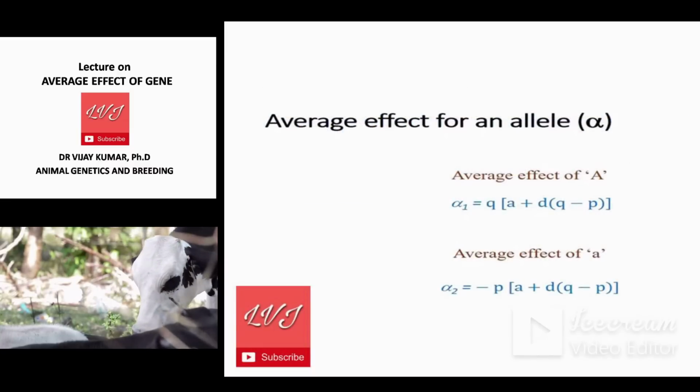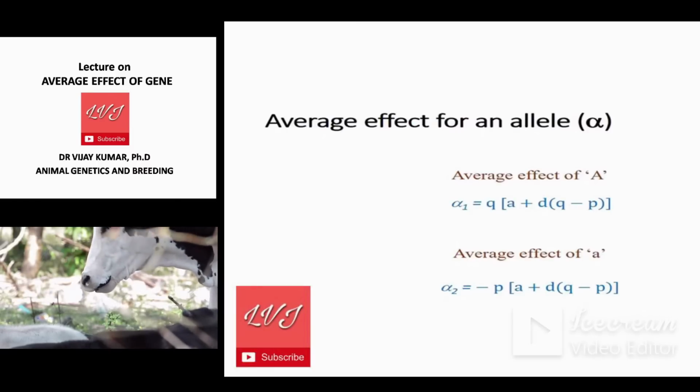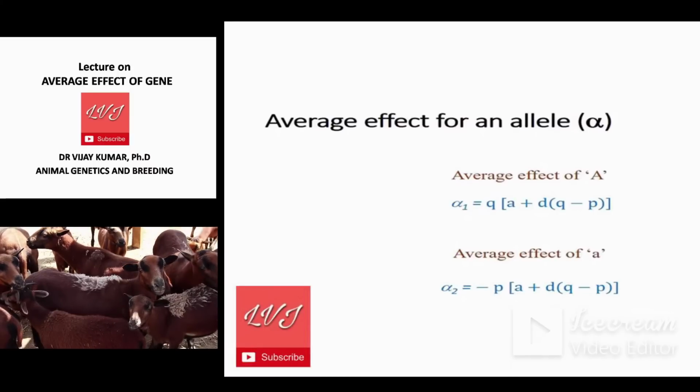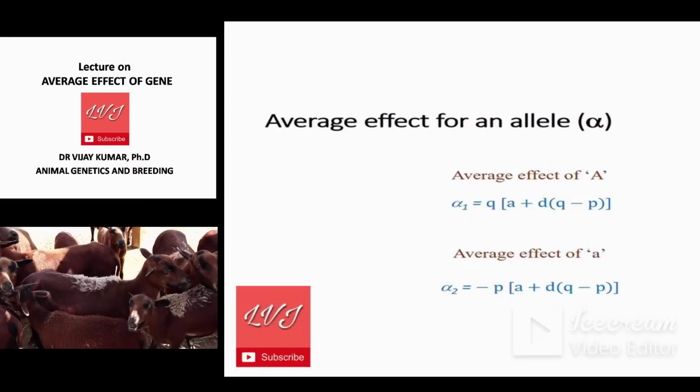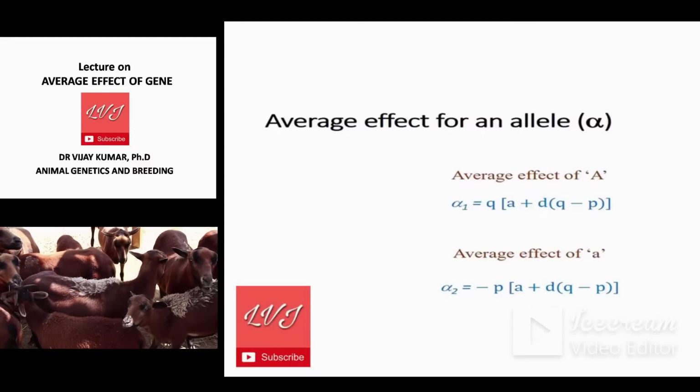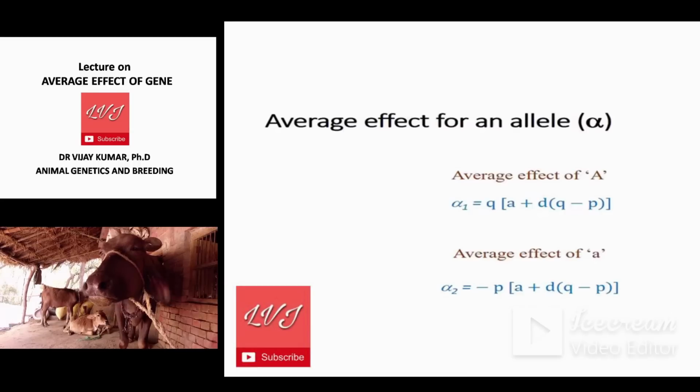So the average effect of the dominant allele, alpha 1, equals q[a plus d(q minus p)], and the average effect of the recessive allele, denoted by alpha 2, equals minus p[a plus d(q minus p)]. In this way we can calculate the average effect of the dominant allele and the recessive allele.